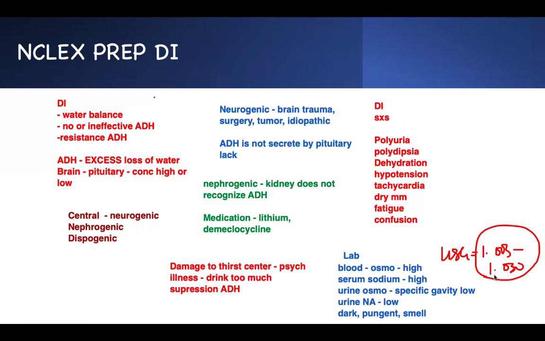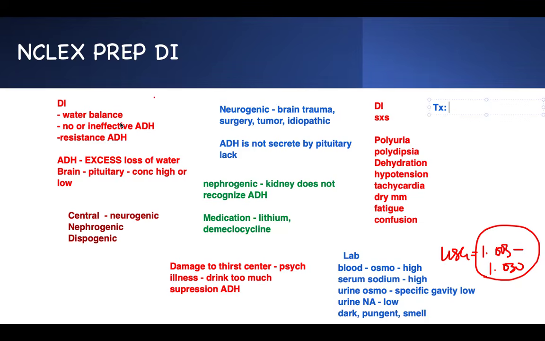These are the ways they will confuse you. Now, treatment. How do you treat it? Think about what I said. In treatment, so let me put it here. Let's start with neurogenic.